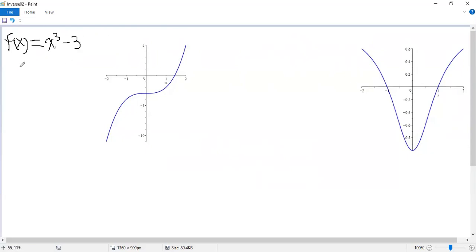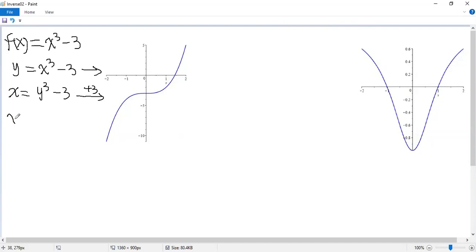So we can find the inverse. y equals x cubed minus 3. First, we swap x and y. So x equals y cubed minus 3. To isolate y, we add 3 to both sides.